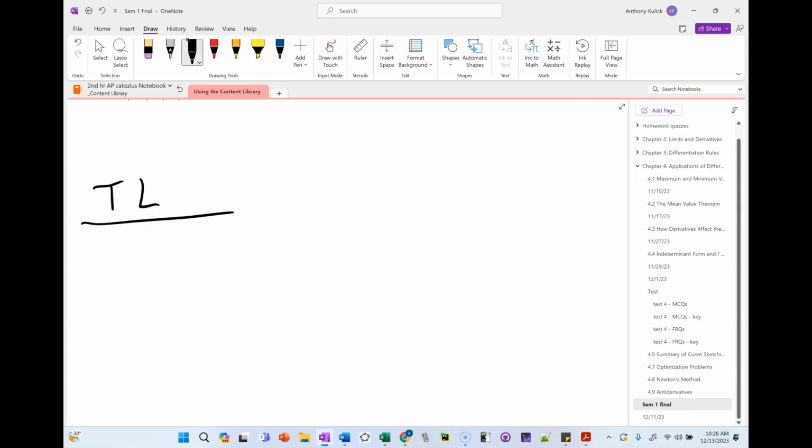So let's say we have some f of x, and we want the tangent line for f of x at x equals a.